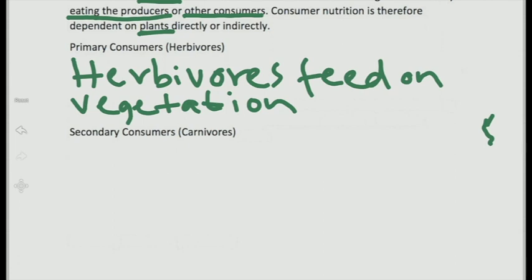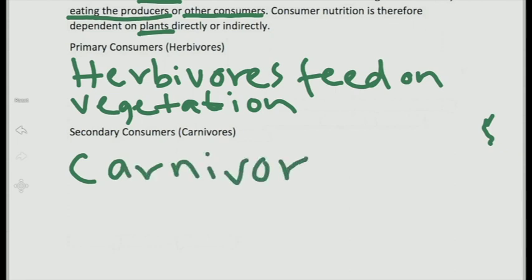Then we have secondary consumers, where we have said there are the meat eaters, carnivores. The carnivores, they feed on flesh or they eat meat. This meat is obviously coming from other animals. Hence, we are saying other consumers, because now we are feeding on what is already there.